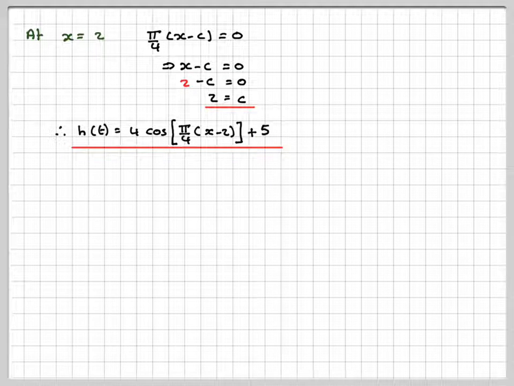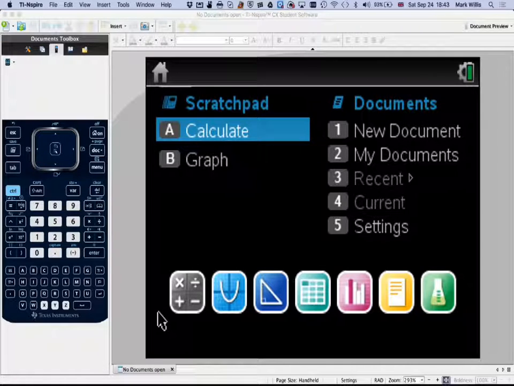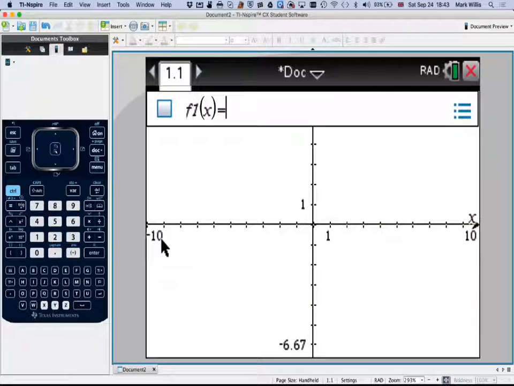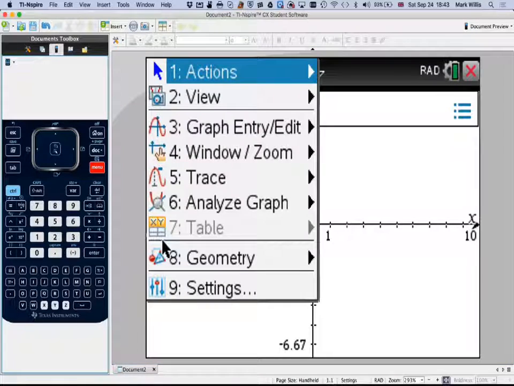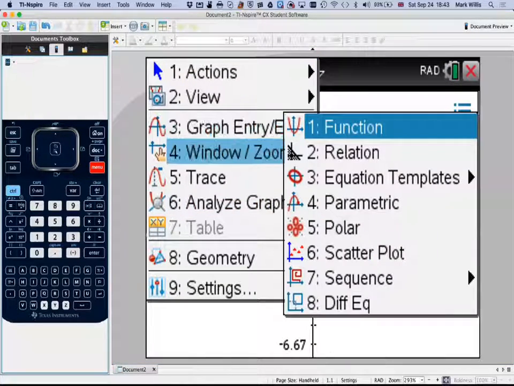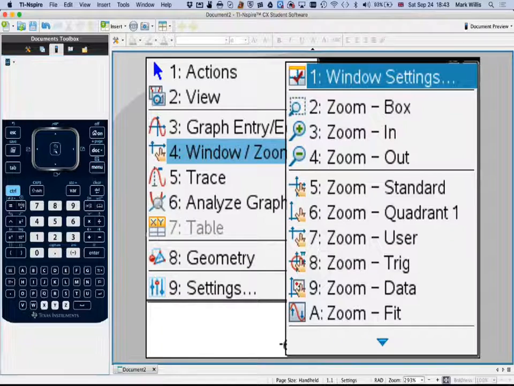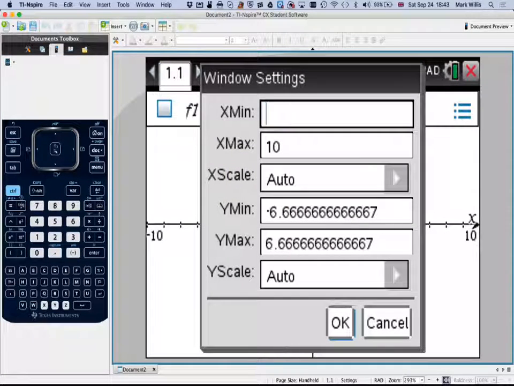So going to my GDC, I now want to find when I can enter the harbour, when we get 7 metres or more. Going to my GDC and selecting a graphing mode, it's best to set up the axes before. Menu, window zoom, window settings, and set this to -1, and set the maximum to 24.